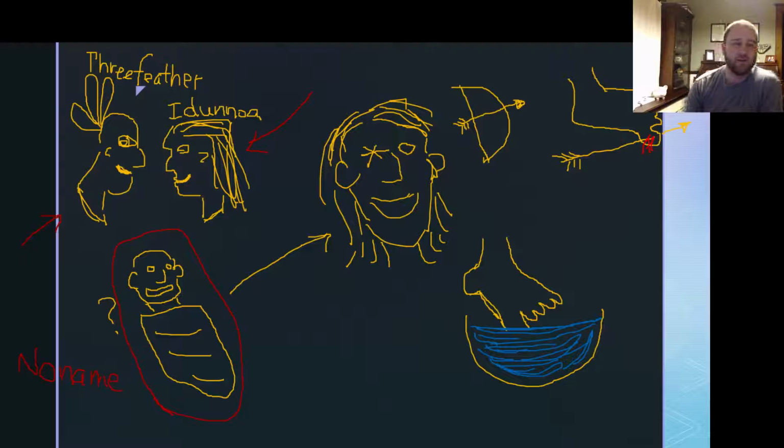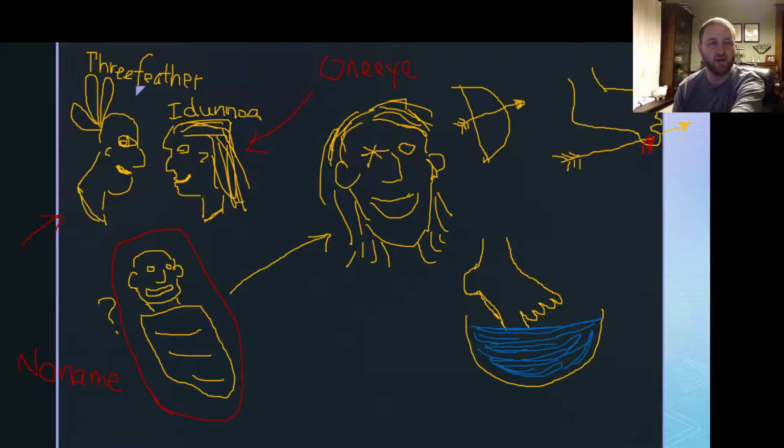Well, as No Name grew older, he developed a friendship with a young man. This young man was born with a birth defect. He was born without one of his eyes. His name was, as you can probably guess, Old One Eye.